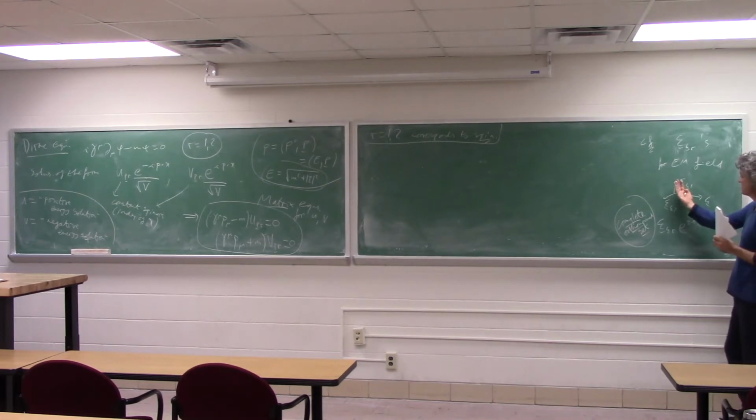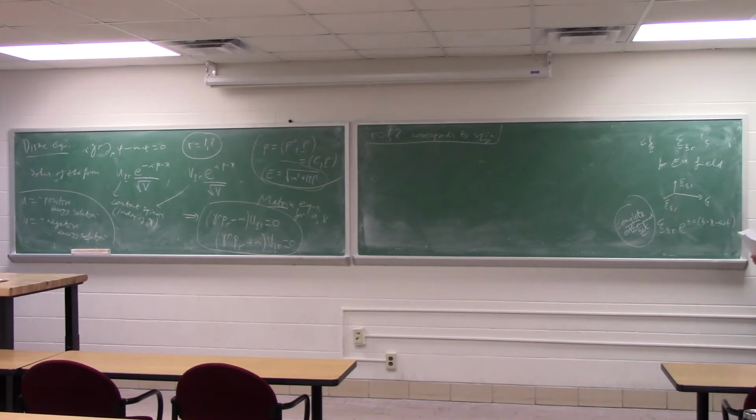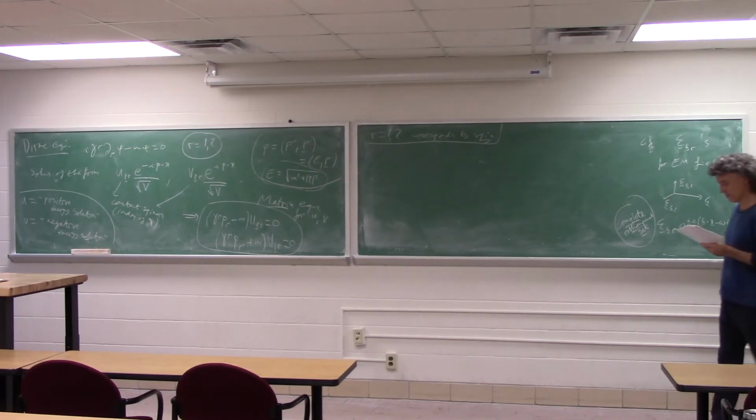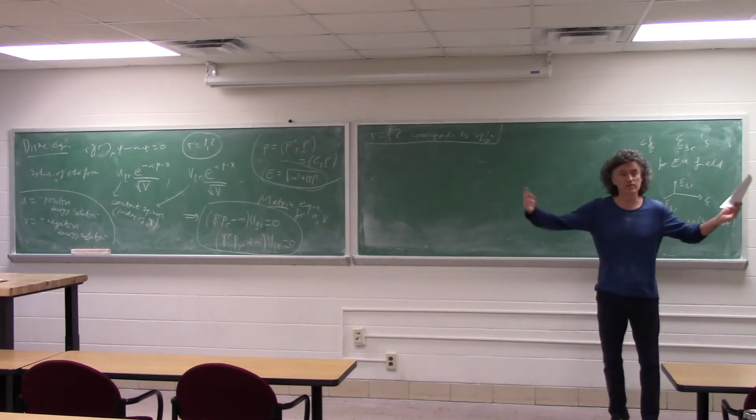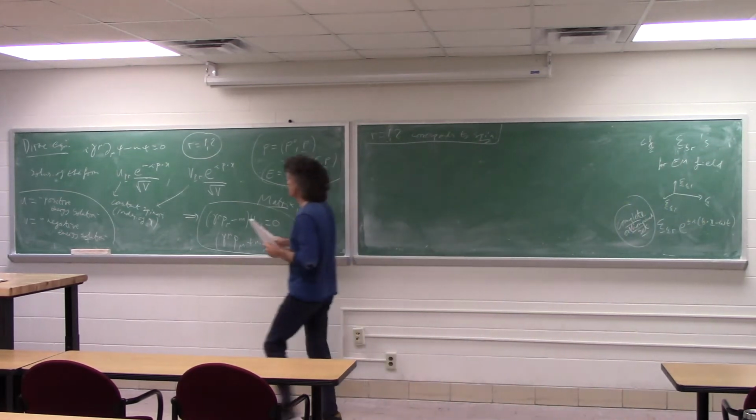Now the choice of the epsilons is arbitrary. I could take any two epsilons in this plane as long as they're orthogonal. It's just a matter of choosing a convenient set of solutions in terms of which I can expand the vector potential. So what is a convenient set of solutions here?